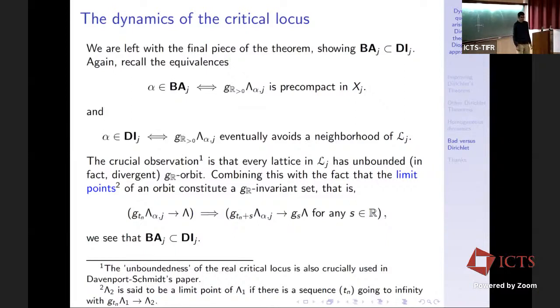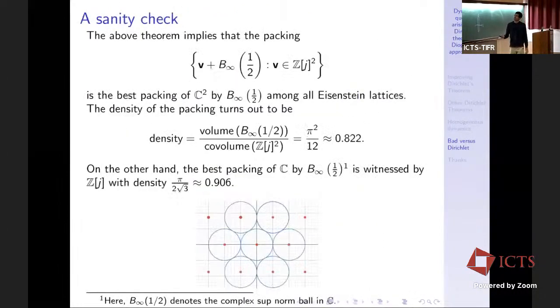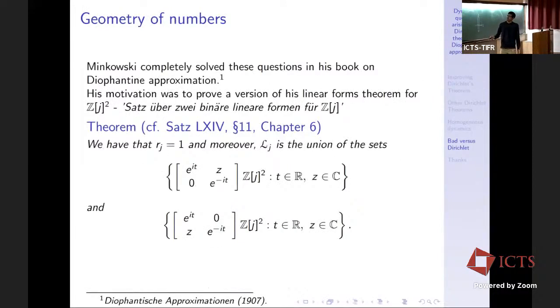So the crucial observation, in case you haven't already noticed, let me go back, is that every single lattice here has a divergent orbit under the diagonal flow, either in the forward direction or in the backward direction. So every lattice here contains a vector on the x-axis, so I guess it's backward divergent.